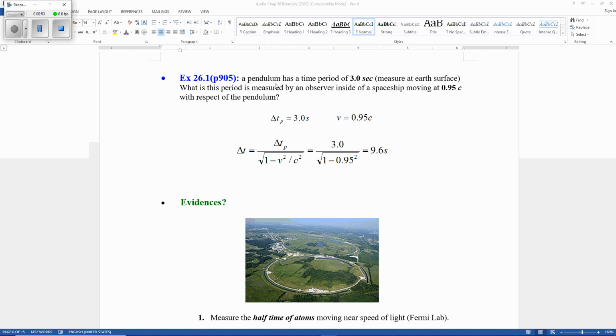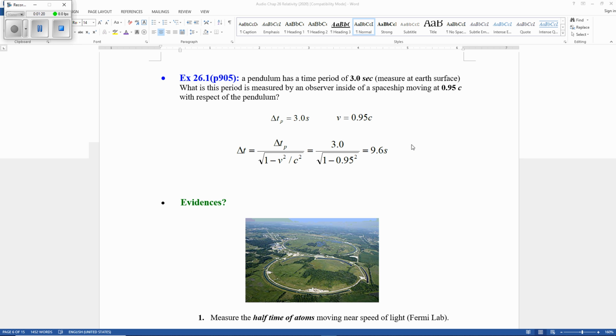Because the pendulum is on the Earth, on the Earth you measure proper time equals 3 seconds. Now from a spaceship moving at 95% of the speed of light, this measurement from the spaceship is not proper. It turned out to be 9.6 seconds.